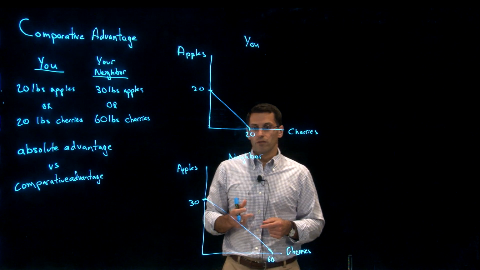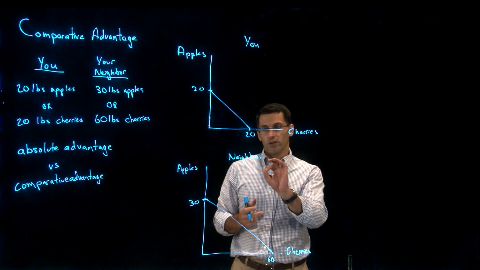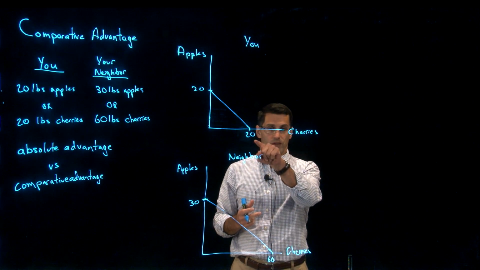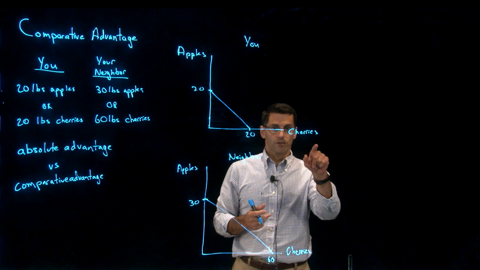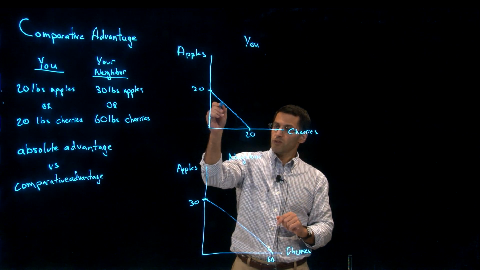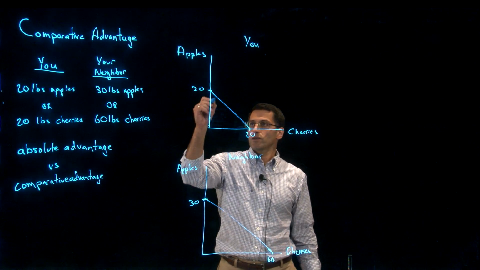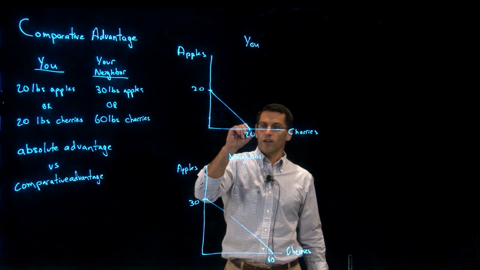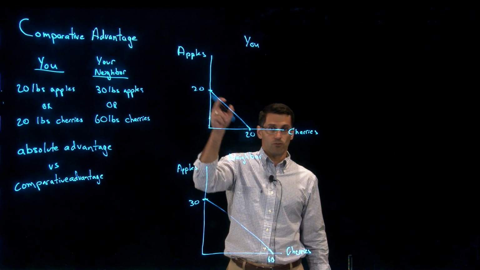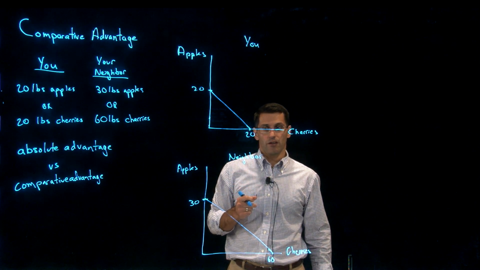So what is the opportunity cost of picking one more pound of cherries? Well, if you notice here, that trade-off is 1 for 1, right? And again, because they're straight lines, it's easy. You can just focus on the two intercepts, the two endpoints of the PPF.